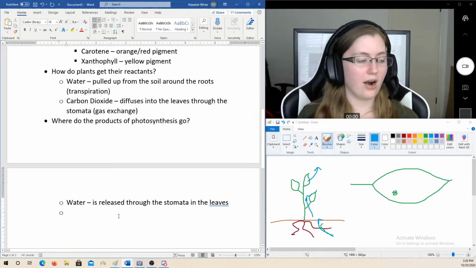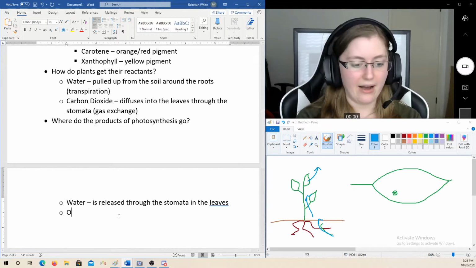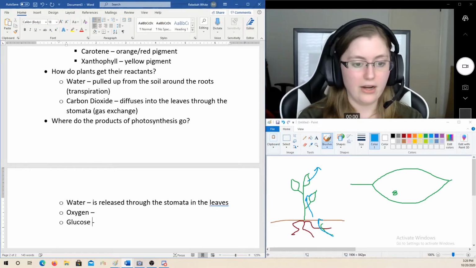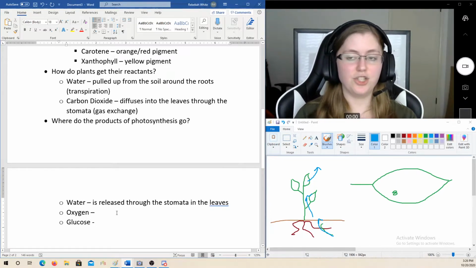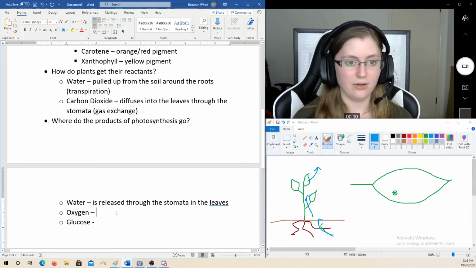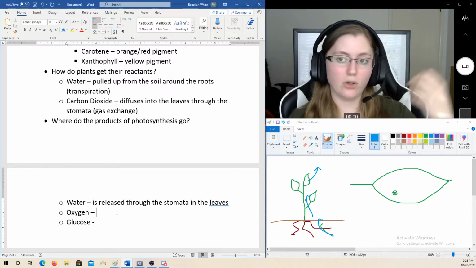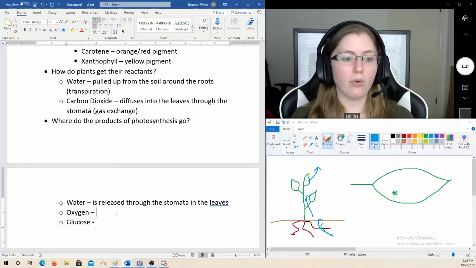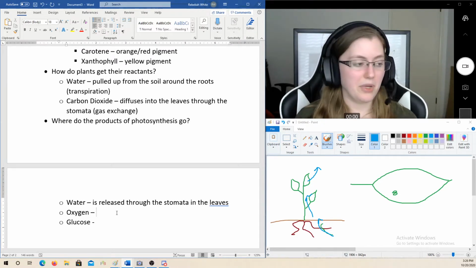All right, so what are our other products? We have oxygen and our last product, glucose, right? So let's talk about oxygen. Oxygen is the other gaseous component of our reaction. So we know carbon dioxide gets pulled in through the stomata, so our product oxygen, where is that going to be going?